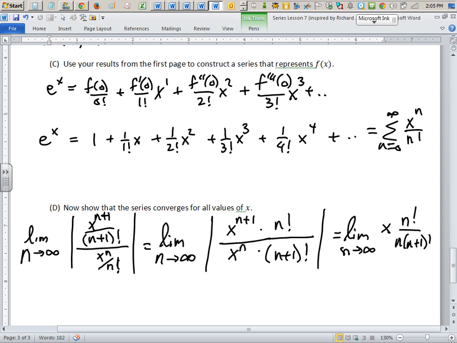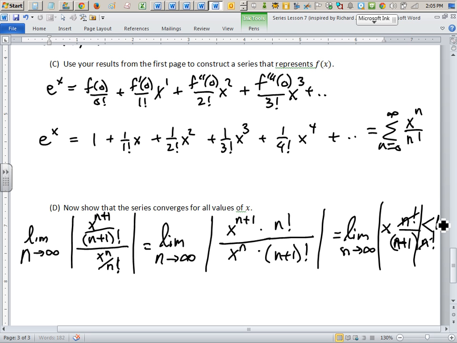I wrote that wrong on the bottom. That should be n plus 1 times n factorial, same thing as n plus 1 factorial. So like that, and then this cancels out.